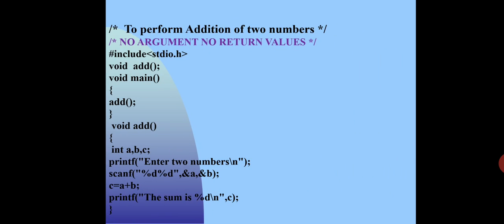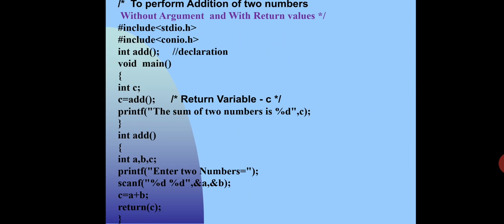Now the third one is without argument with return values. What is that? Without argument with return values. That is, we can see int add of.